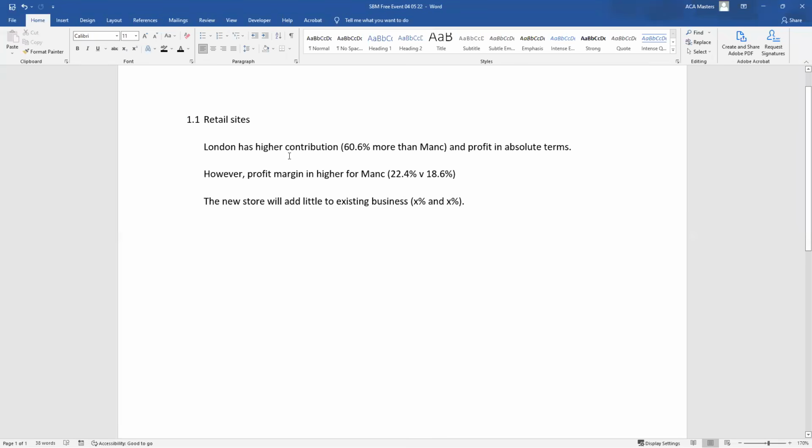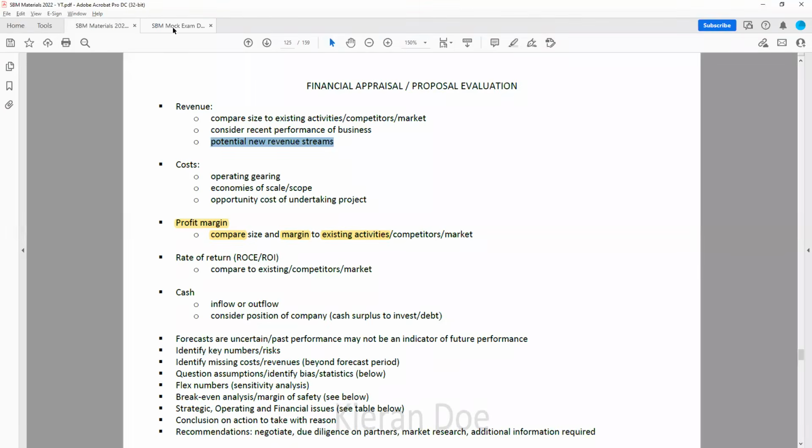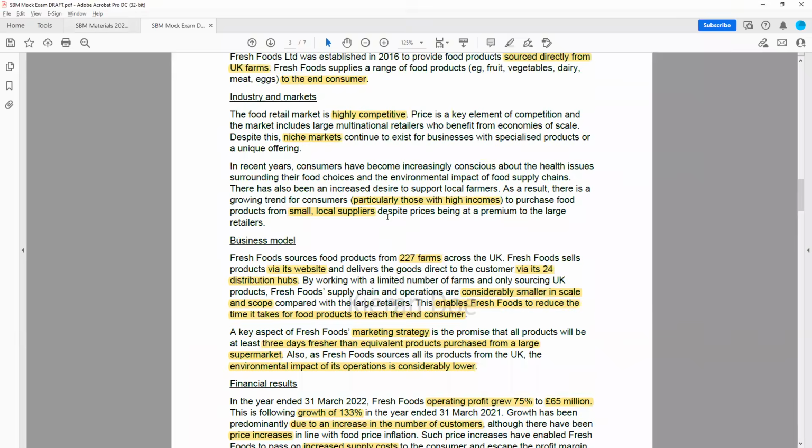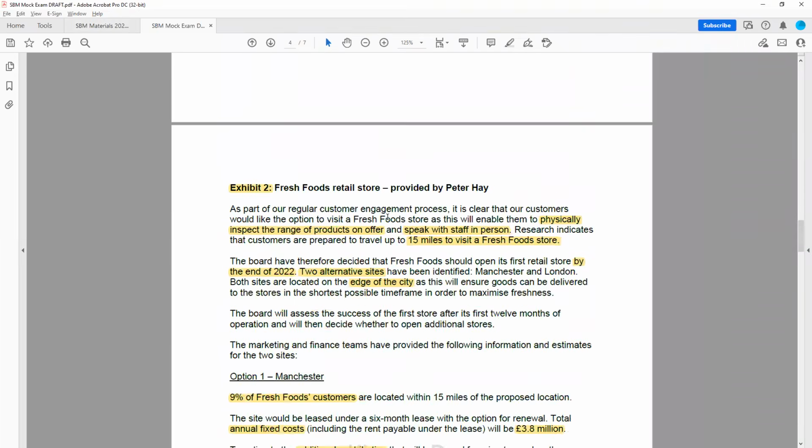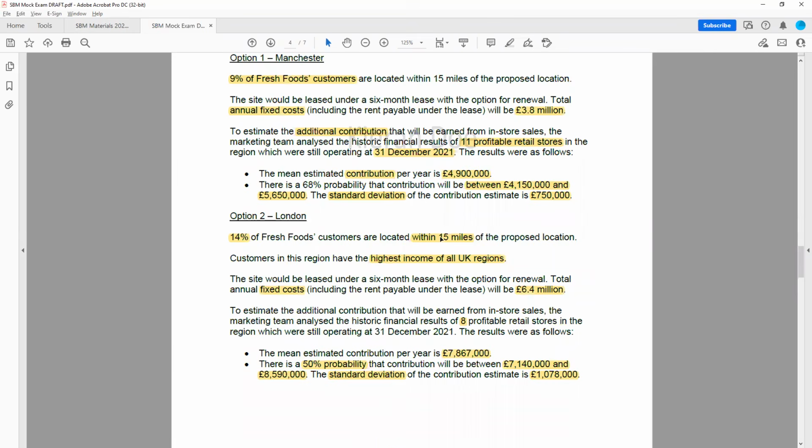We've said London's higher, but as I've said before, use the scenario as much as you can. We were told here that more customers are in and around London and they've got higher income. So there's probably more growth potential around London, because we know that it tends to be higher income groups that use fresh foods. And of course, there are more customers located around there.